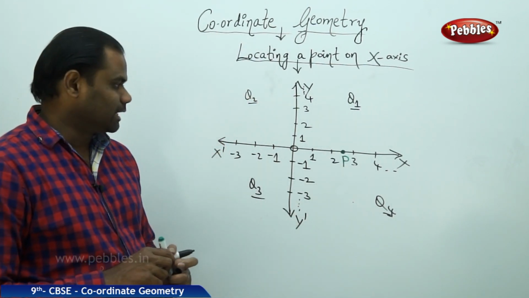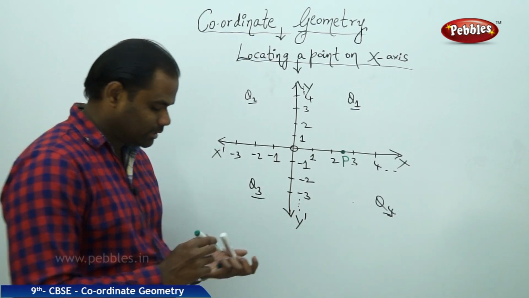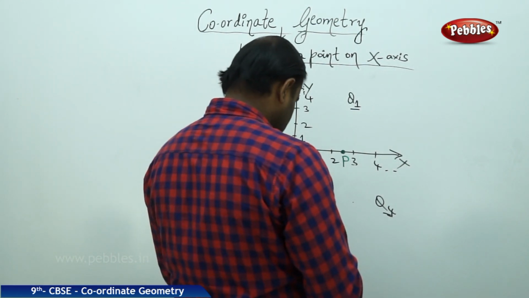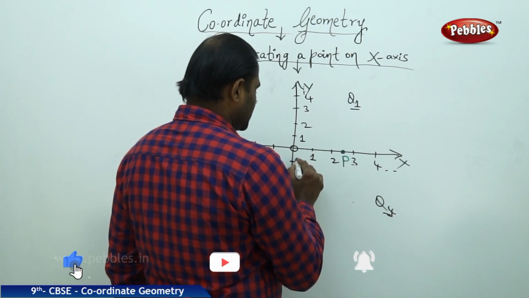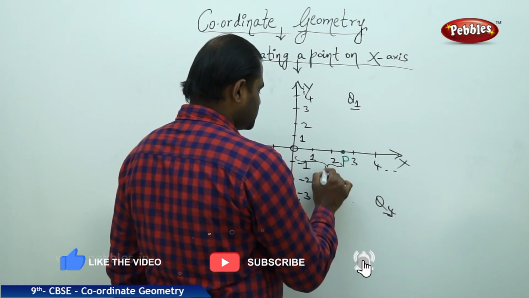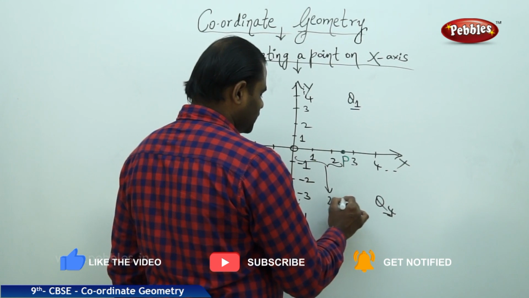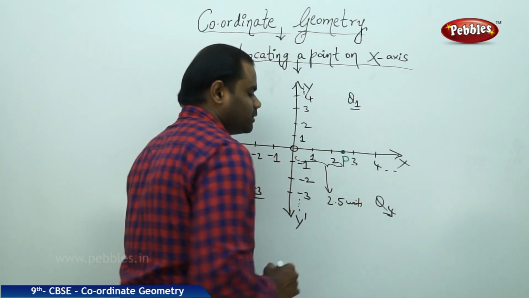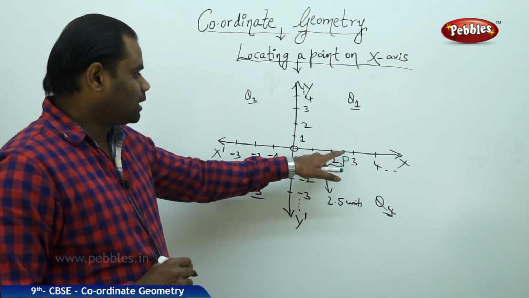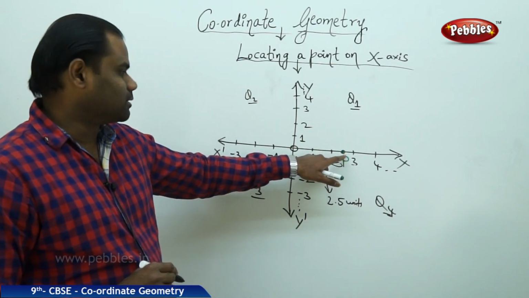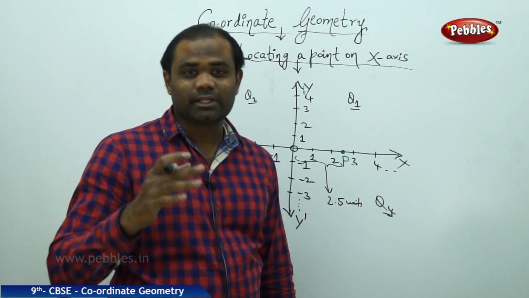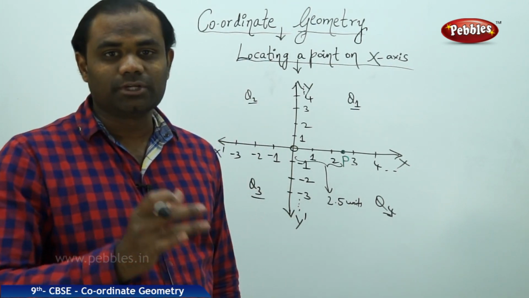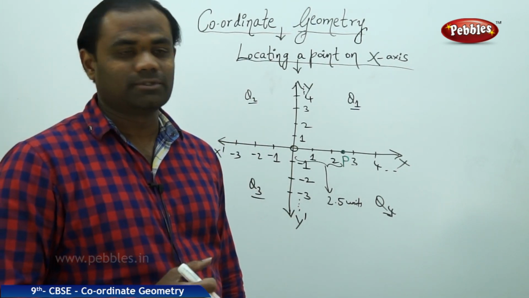So I understand that this point is clearly 2.5 units from origin. So I have this distance being 2.5 units to the right. And after moving 2.5 units to the right, it doesn't move up or down. That means there's no change in the y coordinate. It is 0 itself from the initial position.